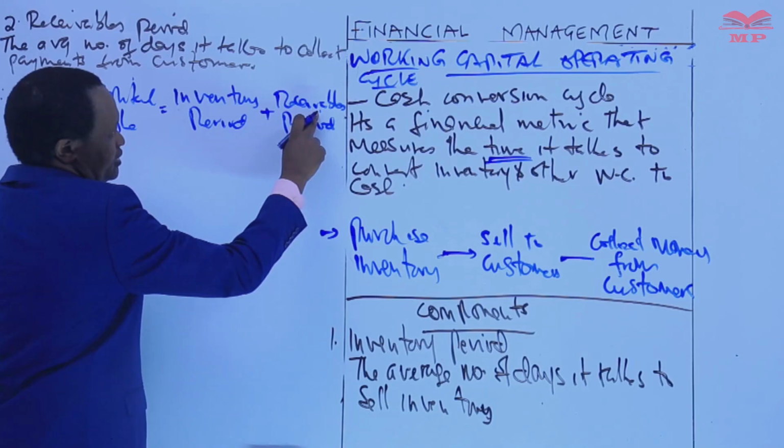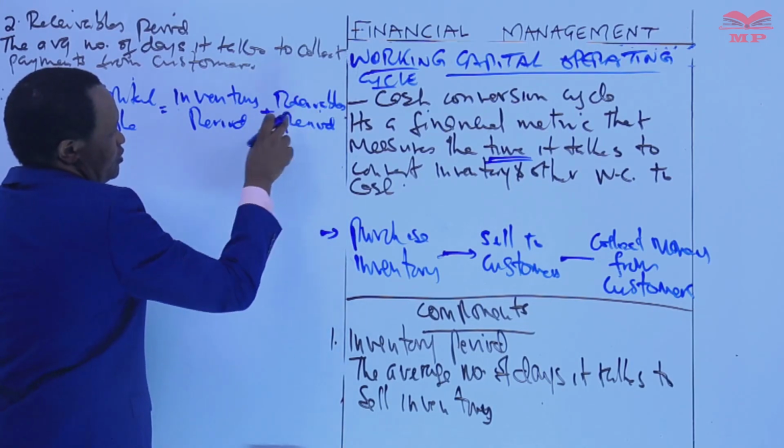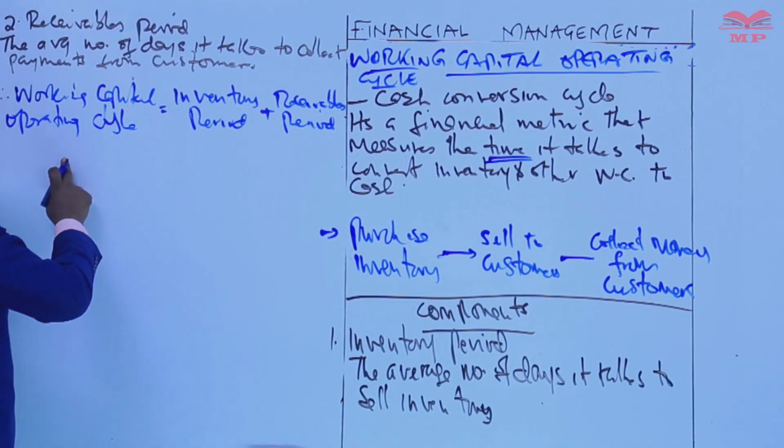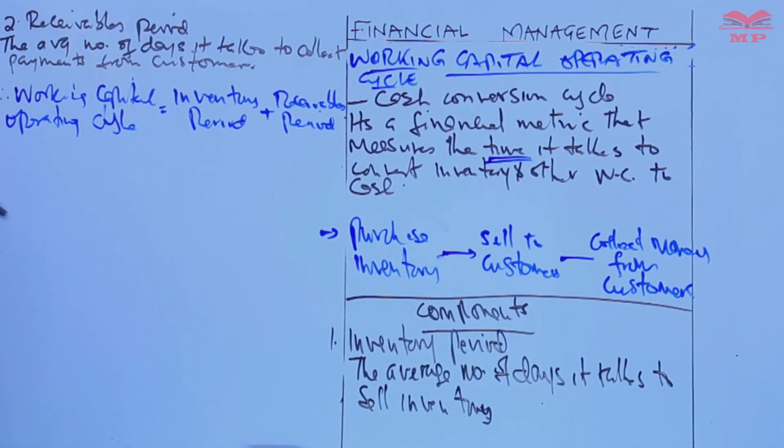Receivables, these are debtors. So the number of days, out of this number of days, that gives you the cash conversion cycle. That's the formula. So to compute the working capital operating cycle, we need just the inventory period and the receivables period.